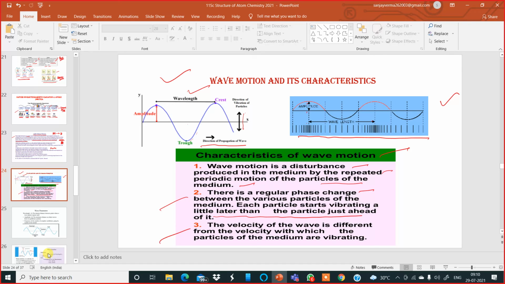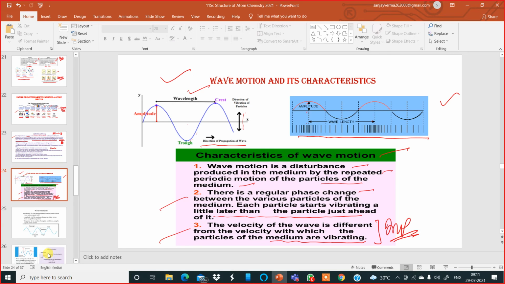Then number three, the velocity of the wave is different from the velocity with which the particles of the medium are vibrating. So this point becomes important. That means the velocity of the wave is different, and the velocity of the particle is also different. So these are some important characteristics of wave motion.